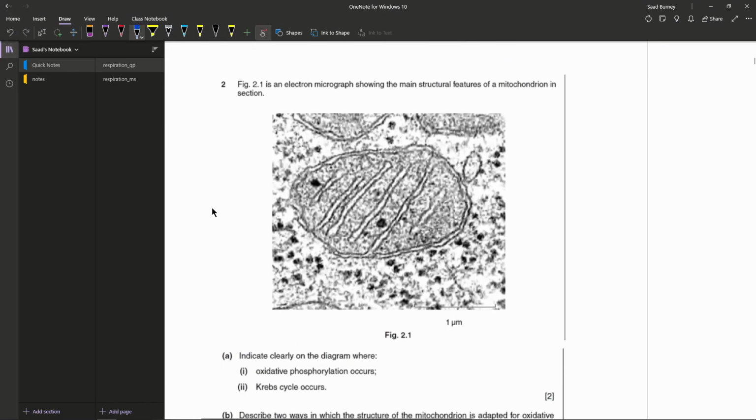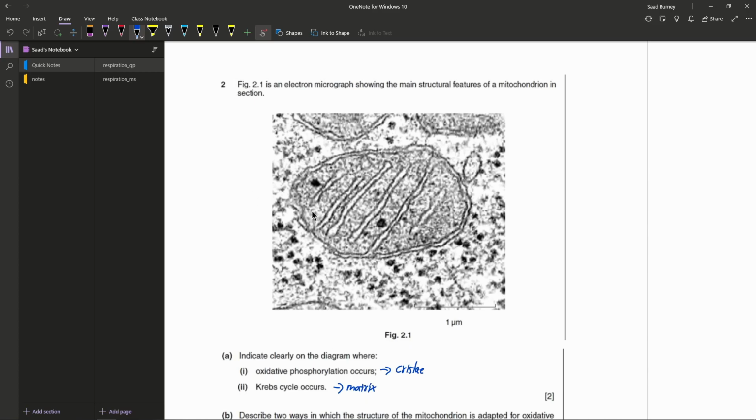You should be familiar with the positions of the specialized features of the mitochondria. You should know where exactly all the processes take place, which should make it much easier. We know that oxidative phosphorylation takes place in the cristae, and the Krebs cycle takes place in the matrix.